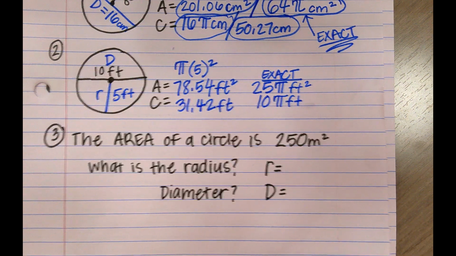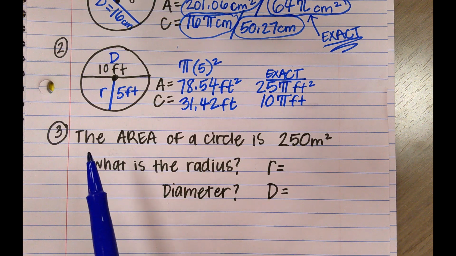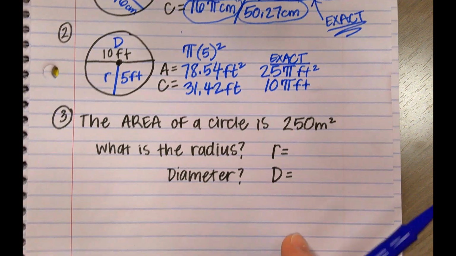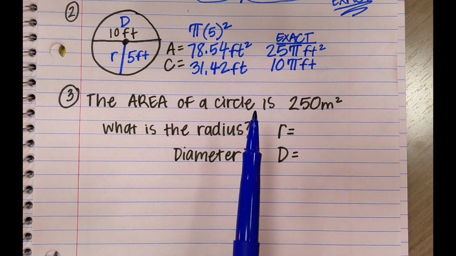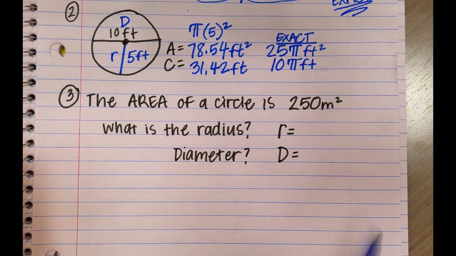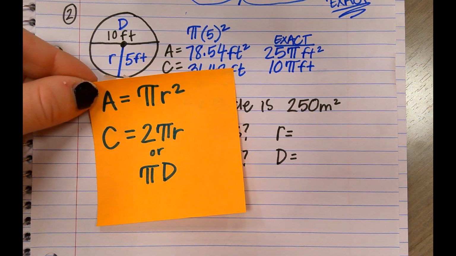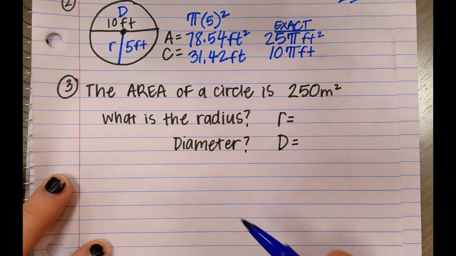Okay. So now let's go in the opposite direction. The first two questions, I gave you a radius and a diameter, but now I'm going to give you an area. So for number 3, the area of a circle is 250 meters squared. I know area is pi times radius squared. So let's write a formula.